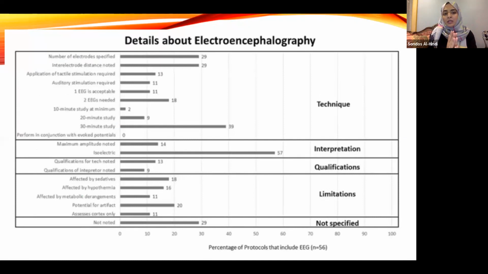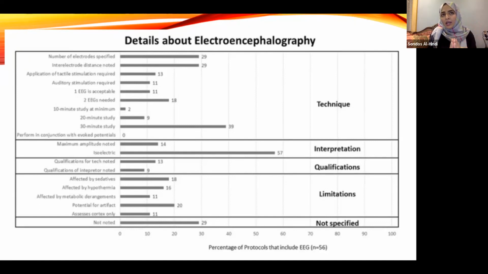When they scrutinized each EEG and its requirements, there was a lot of variability in terms of what the different countries required in terms of technique and interpretation. Did they report maximum amplitude, or just isoelectric activity? What was the number of electrodes that each country or hospital specified?